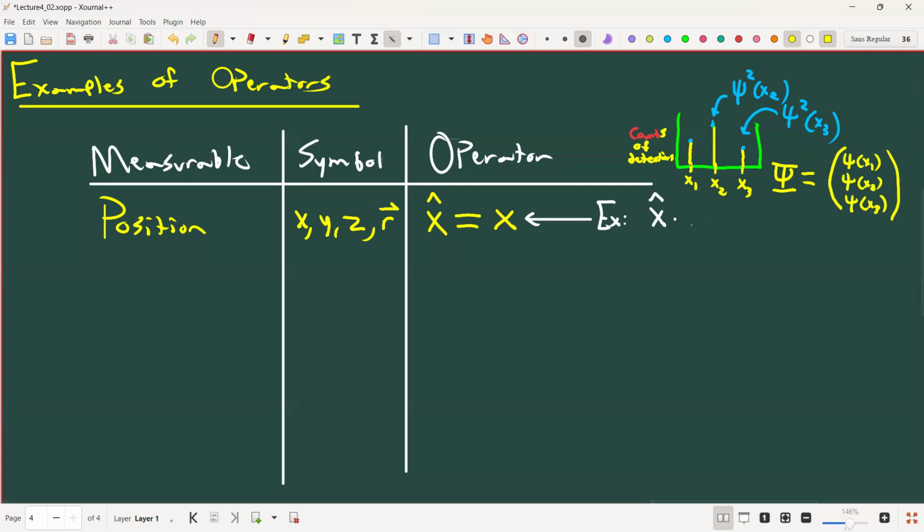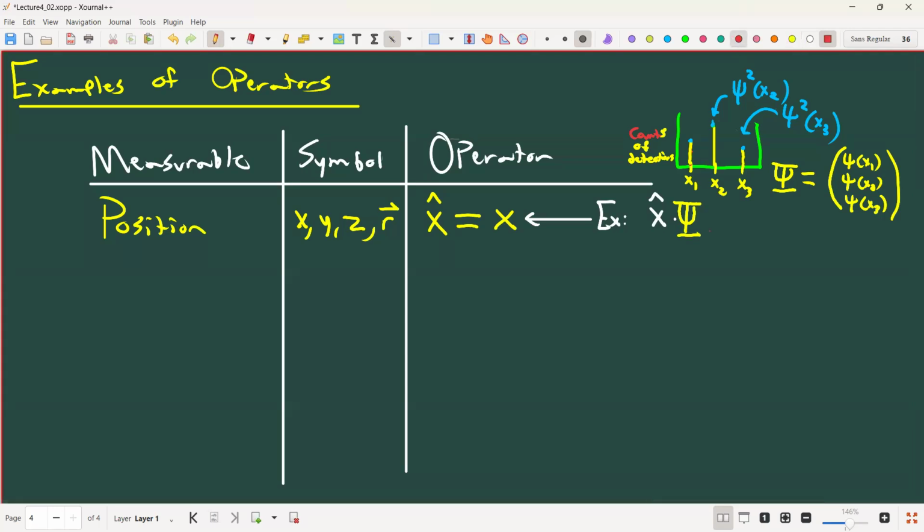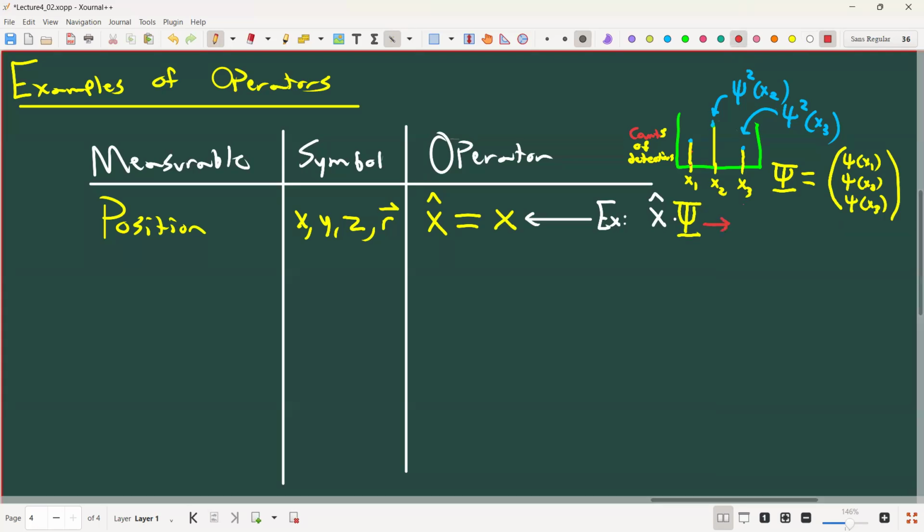And so if we apply X to psi here, it's going to return one of three values. What's it going to return? Well, at psi squared of X1 probability, it's going to return X1. So let me just write this. We're going to have three potential answers from our box.